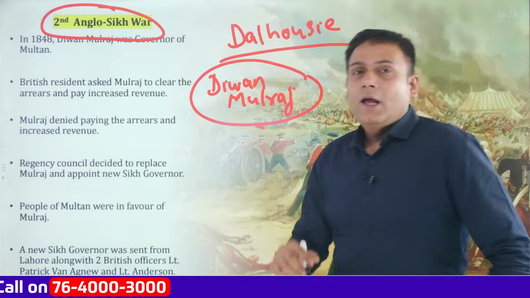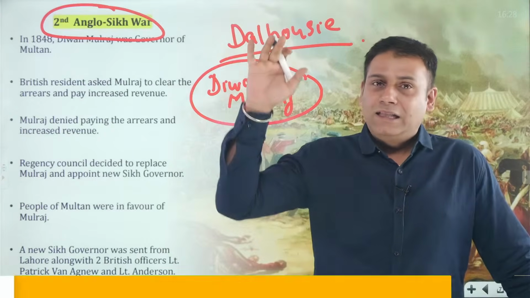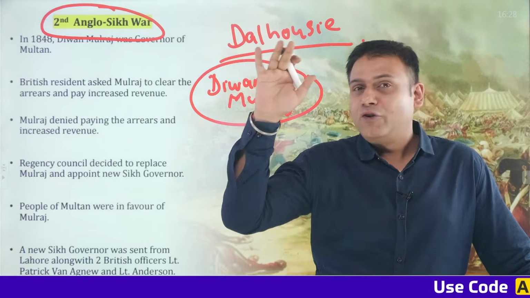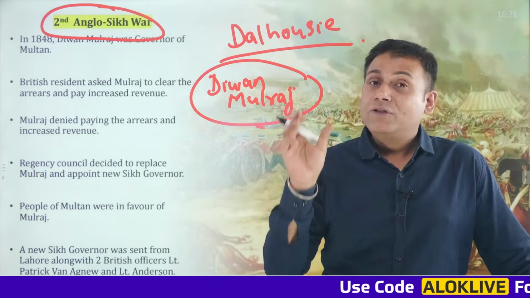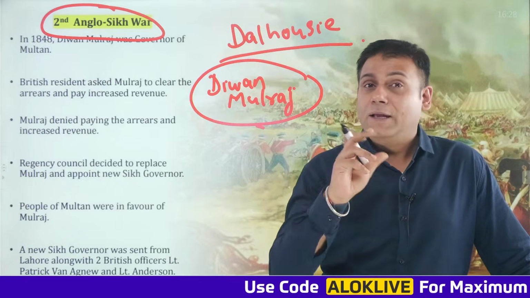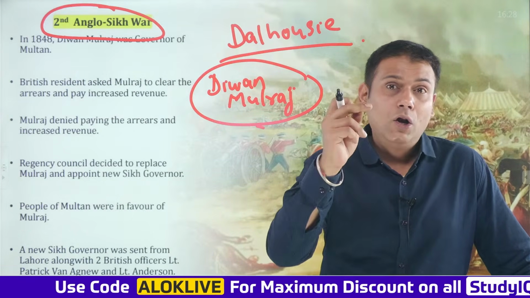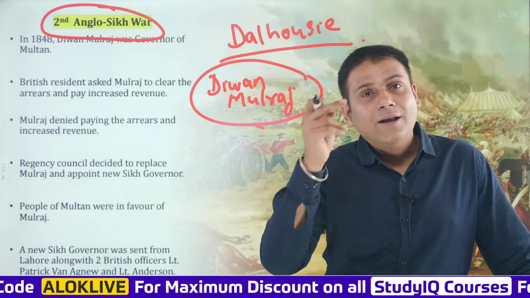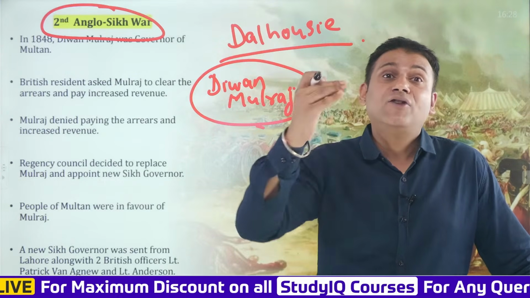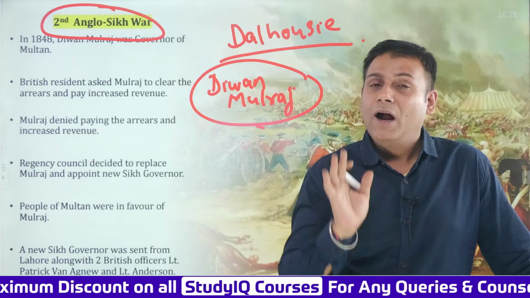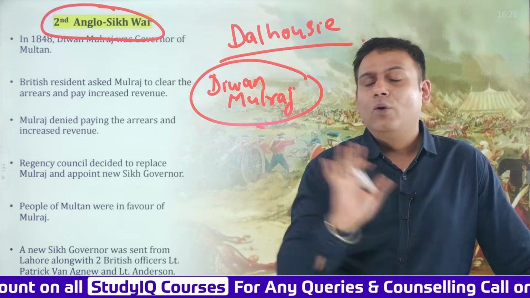As I have told you, Maharaja Dalip Singh was recognized as the ruler of the Sikh Empire. There was a Regency Council to assist him, headed by Major Henry Lawrence. There were 8 other Sikh chiefs to assist Major Henry Lawrence, and Lal Singh was there as a Wazir.